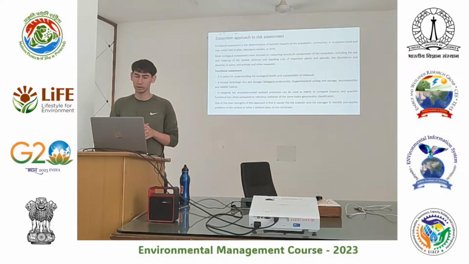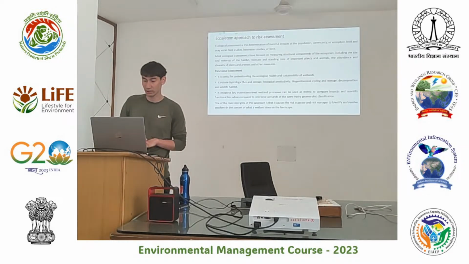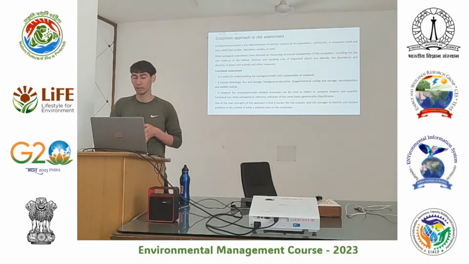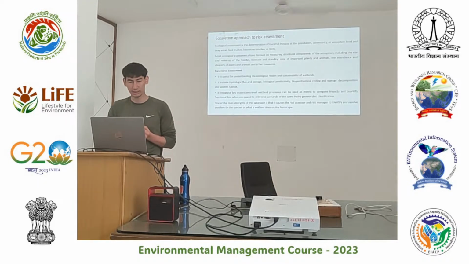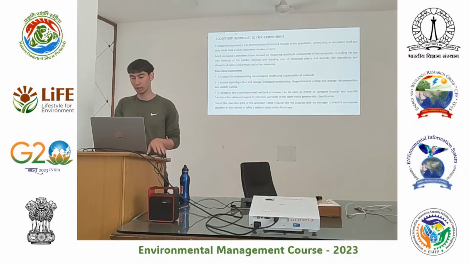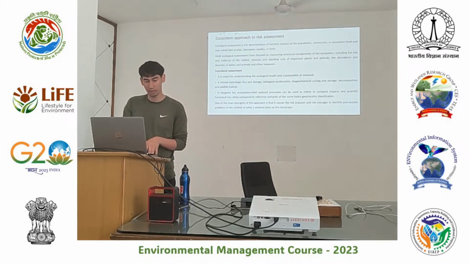Most ecological assessments have focused on measuring structural components of the ecosystem, including the size and makeup of the habitat, biomass, and standing crop of important plants and animals, the abundance and diversity of plants and animals, and other measures. And the functional assessment is useful for understanding the ecological health and sustainability of wetlands. It includes hydrology and storage, biological productivity, biochemical cycle and storage, decomposition, and wildlife habitat.